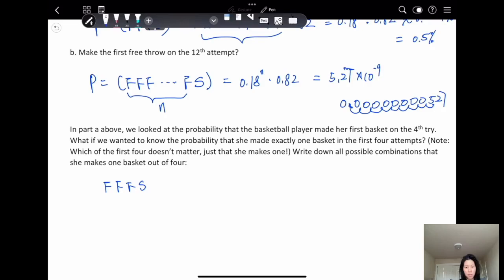Another is she makes only one throw, on her 3rd attempt: she failed the first 2, succeeded on the 3rd, and failed again on the 4th. Or she makes it on the 2nd trial but fails on the 1st, 3rd, and 4th. Or she makes it the first time but fails the later 3 attempts. Okay, so those are all the possible outcomes.